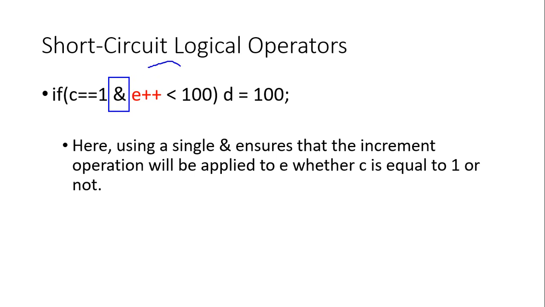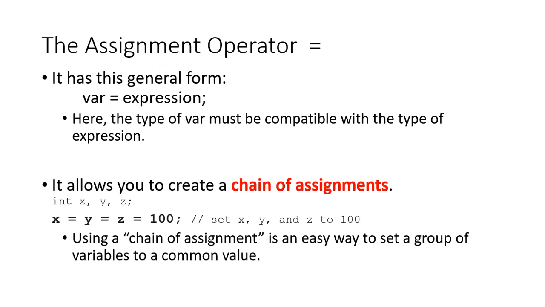So whether C is equal to 1 or not, it will get incremented because this symbol here is a single ampersand, it is not two ampersands. So this is not a short circuit and it is an ordinary bitwise and. When you have bitwise and, regardless of whether C is equal to 1 or not, this will get incremented. So that is the idea there.